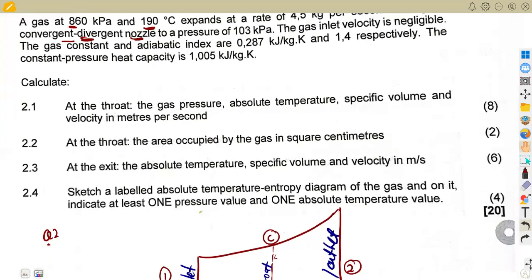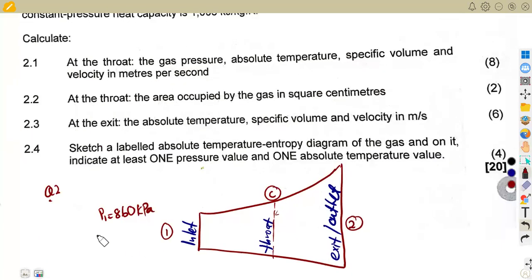So that is the inlet pressure, 860 kilopascal, and 190 degrees Celsius is the temperature at the inlet. So this is T1. If we add 190 plus 273 to get kelvins, that will be 463 kelvins.